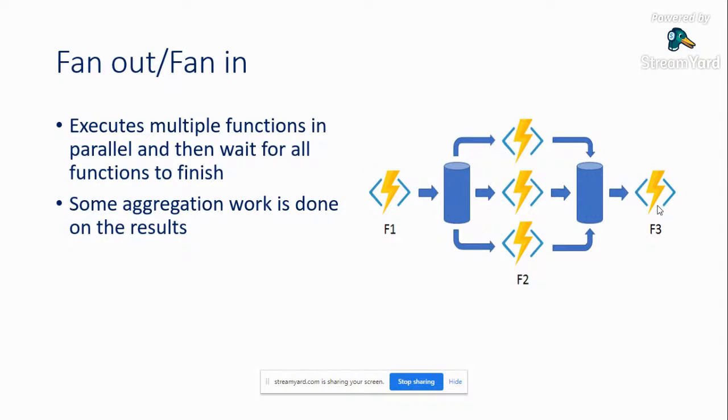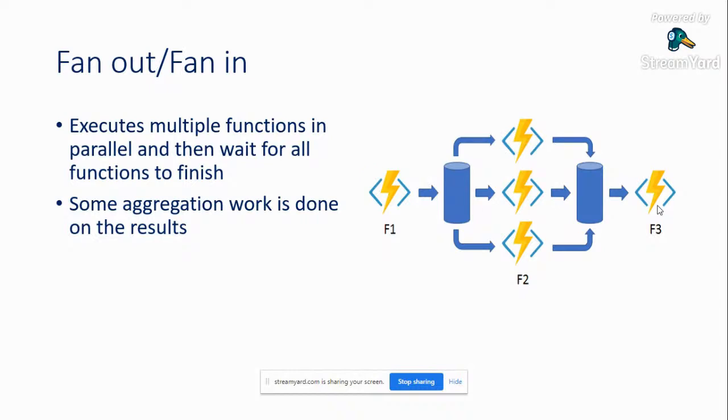For example, one may take a little time, the other one may take a longer time, for example 2 minutes, 3 minutes, and 4 minutes. The orchestration function will wait for all the three functions to get executed and then get the result. If the function needs to do some kind of aggregation, it can do that, and the aggregated result can be sent to F3 as well.